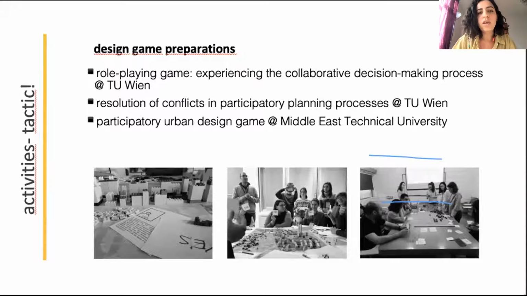And that's why we created 3 different workshops. We organized this with urban design students at TU Wien and in Middle East Technical University, to always change and suggest new rules to the game. So we were co-creating the game all together, actually.